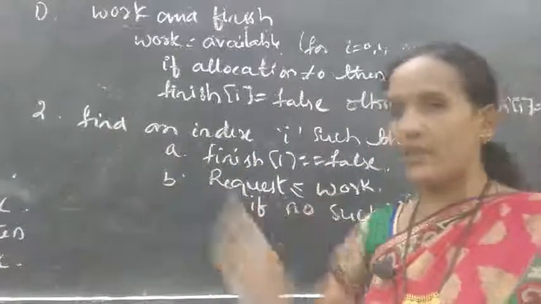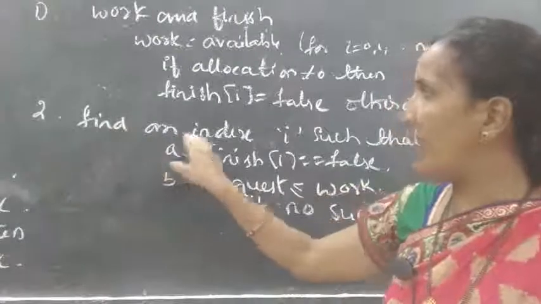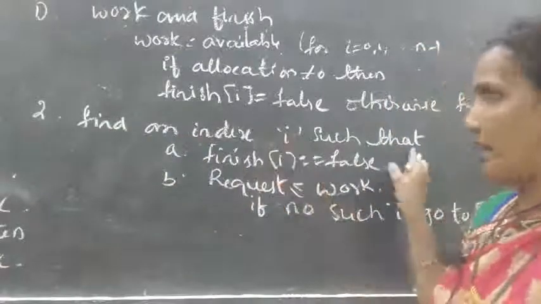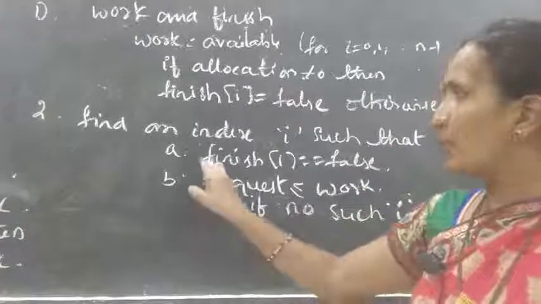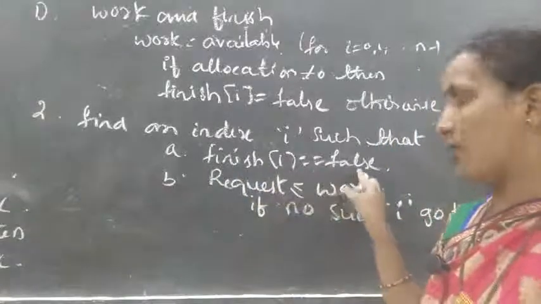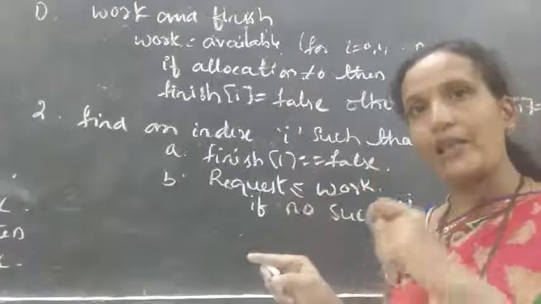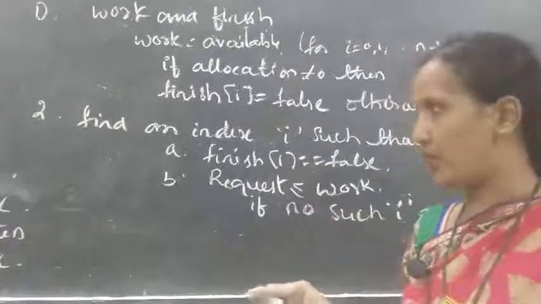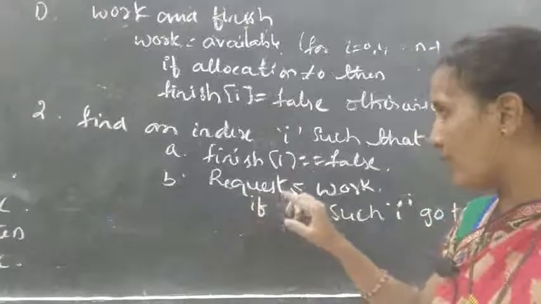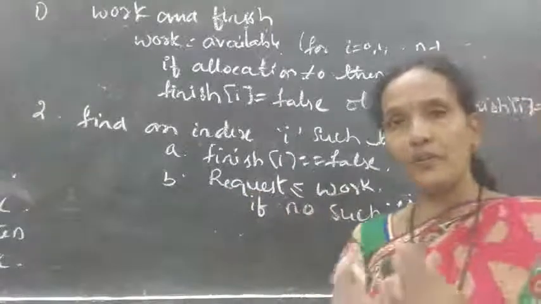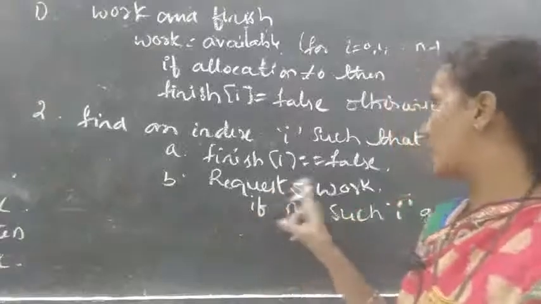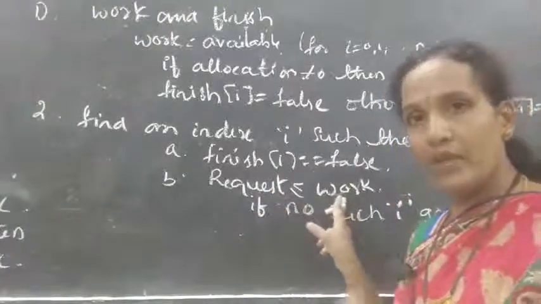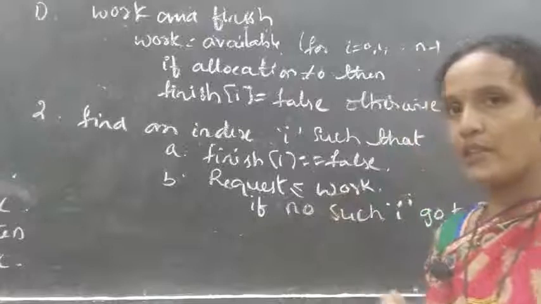Now come to the second step. Find an index i such that Finish[i] equals false, meaning you need to find a process that has not completed its execution, and Request is less than or equal to Work. So whatever resources the process is requesting should be less than the available resources. What is the first step?